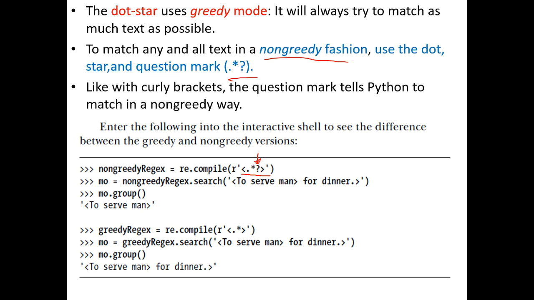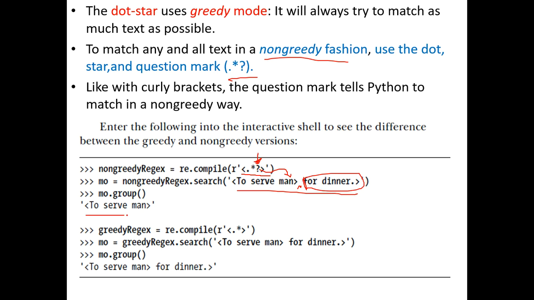So this represents non-greedy fashion matching. In that case, from the given string, this pattern will match till here, unless until it encounters the curly braces. It is not going to match for this, because the searching mode is non-greedy fashion.